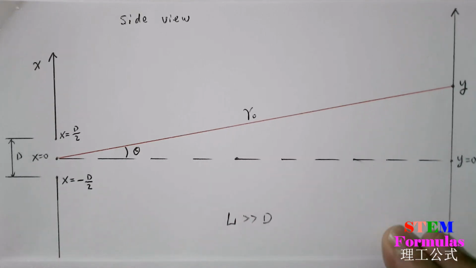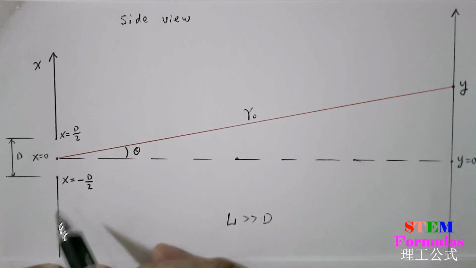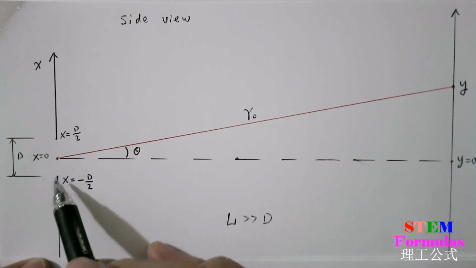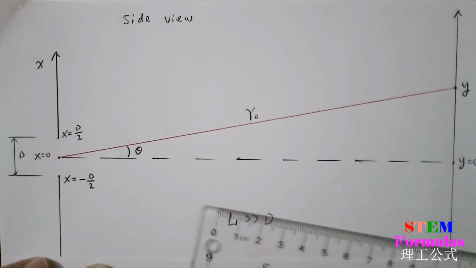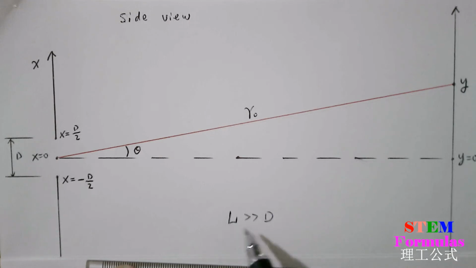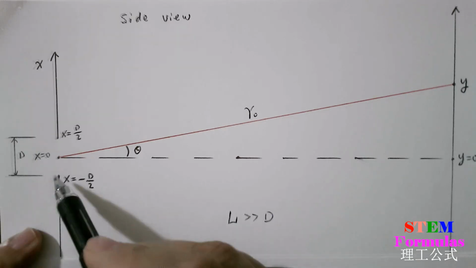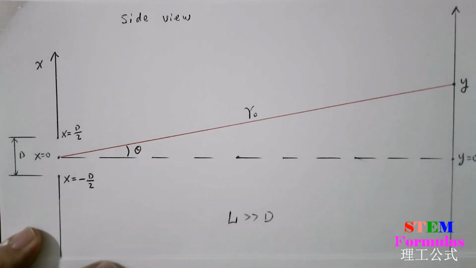L is the distance from the slit to the viewing screen. L is much greater than the slit width d.